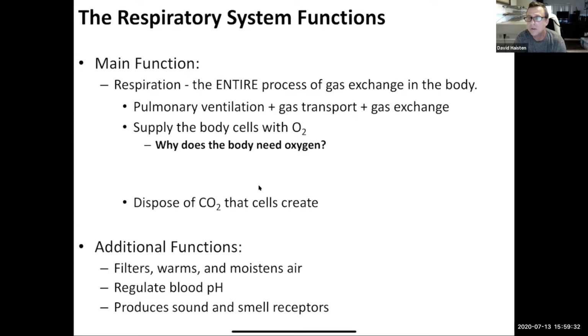Now, while we're looking at those structures, we're going to pay attention to vasculature to some degree. So basically, the blood vessels that are heading out to your lungs, the pulmonary circuit, we're going to pay attention to them too. Okay. So they're responsible for oxygen getting into your bloodstream and carbon dioxide getting out.